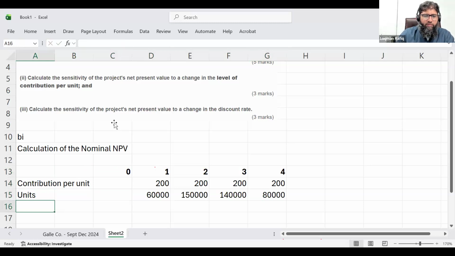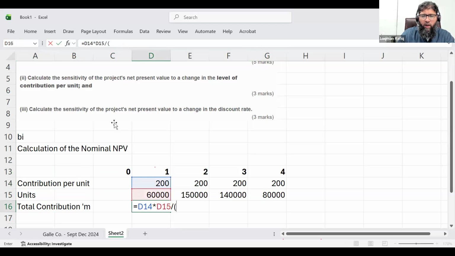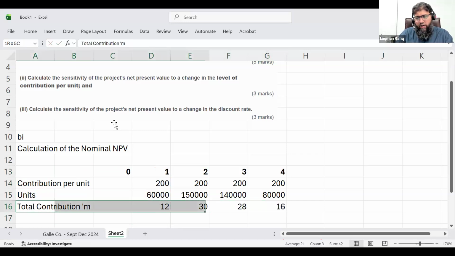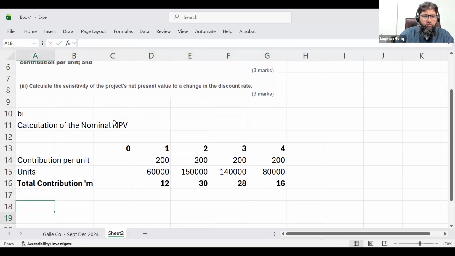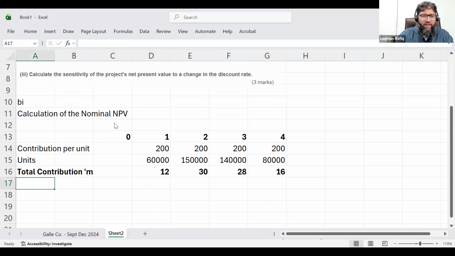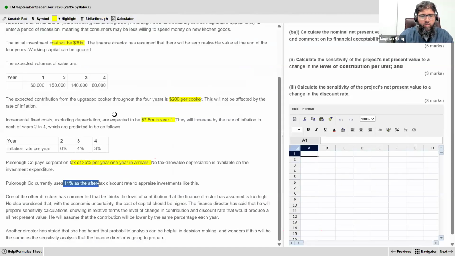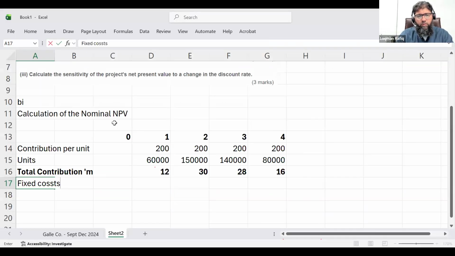So the total contribution in terms of millions is going to be, I'm just going to convert this into millions, this into this, divided by 1 into 10 raised to power 6. So 10 raised to power 6 makes it a million. So I've just converted this into millions. Then what actually happens is that fixed costs.